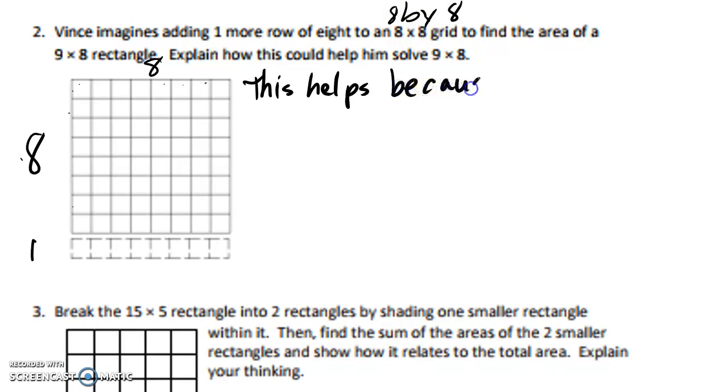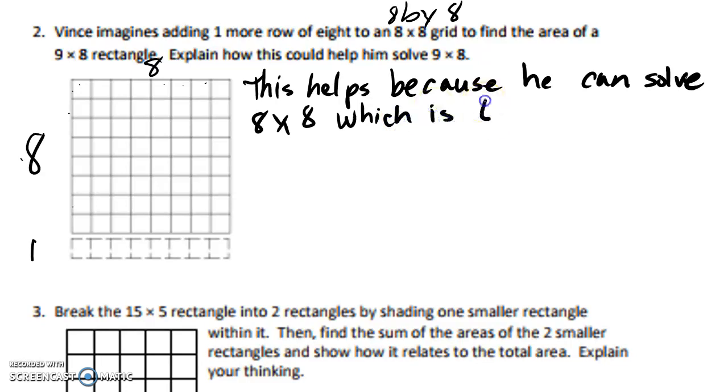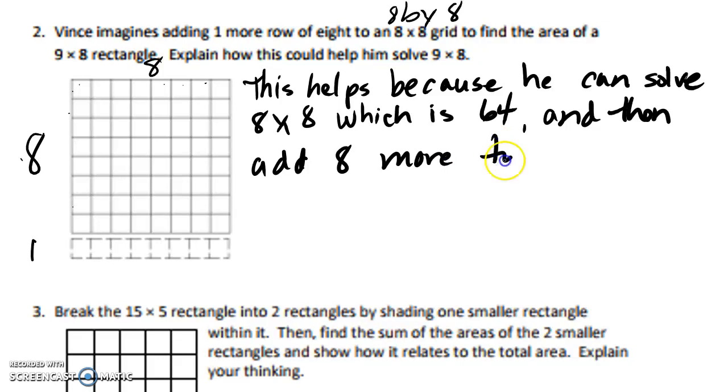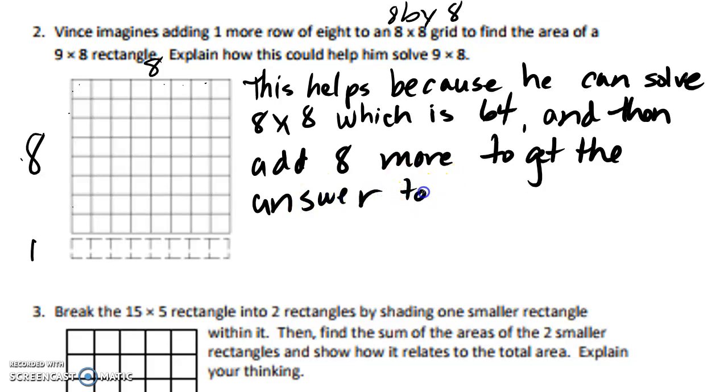Because he can solve 8 times 8, which is 64, and then add 8 more to get the answer to 9 times 8.